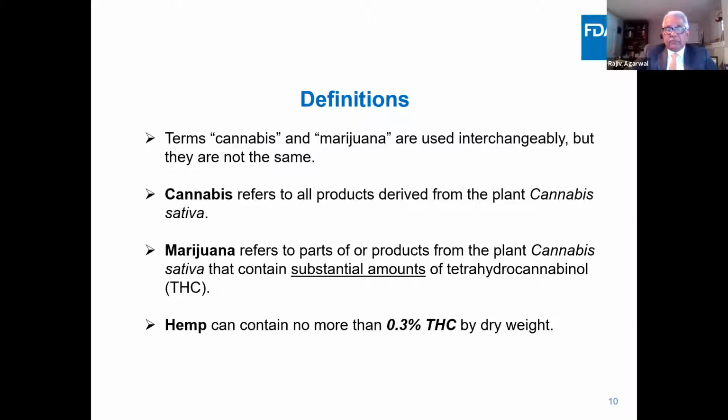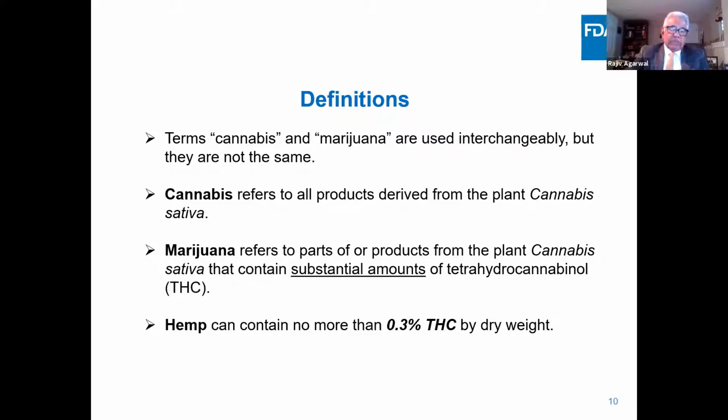Marijuana refers to part of or product from the plant Cannabis sativa that contains a substantial amount of THC. That's very important. And hemp contains no more than 0.3% THC by weight. So the THC content describes whether it is a hemp or a marijuana. So that's a very important designation.